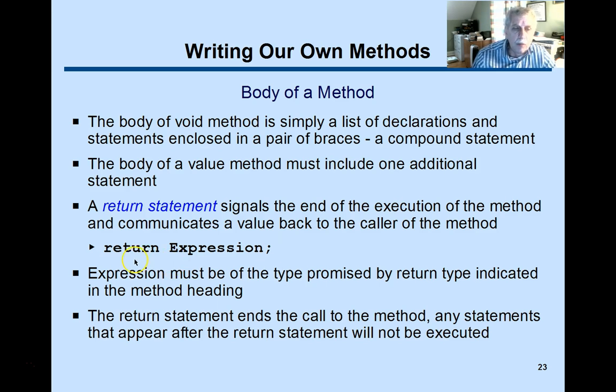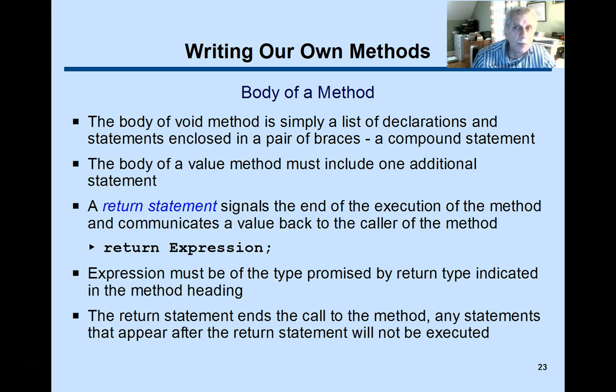The return statement will say return, and that includes some kind of an expression which must identify a value of the promised type. So if we said we were going to return double, the expression that follows the return has to produce a double, or something compatible with a double. It could be an integer that gets converted to a double on its way out of the method, but it has to be of a compatible data type.